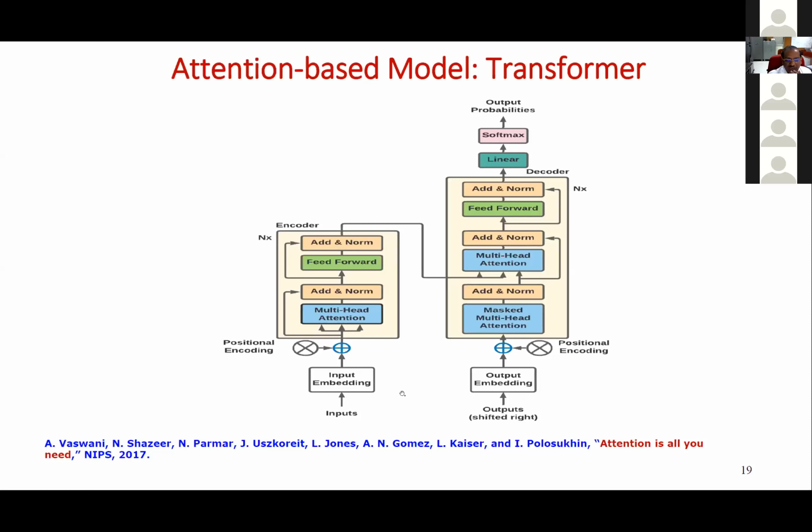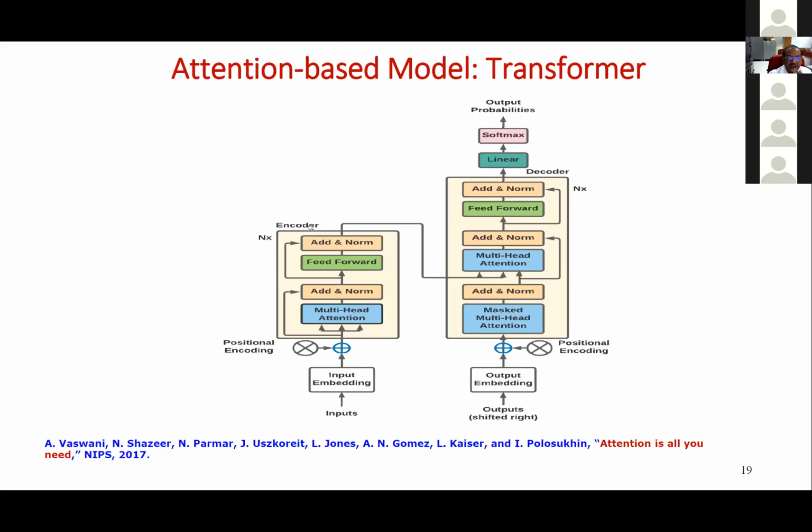Or if it's video data, then from every frame we get some kind of features extracted, and that will be the embedding that we are talking about, right? So this embedding depends on what kind of sequential data we are dealing with, and accordingly we make use of an embedding method to generate a representation and then use that as the input to these models.